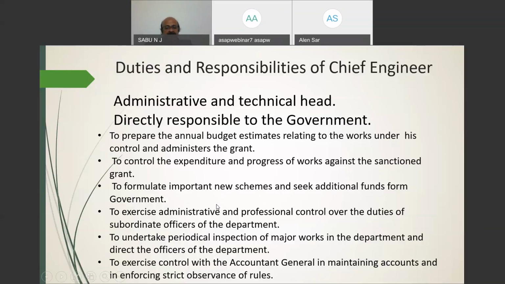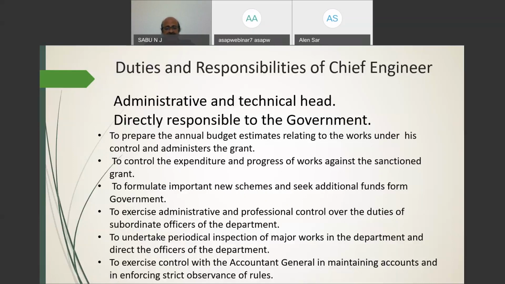As a part of the administration, the establishment of departments, the staff and their welfare, and other things are also to be done by him. Then, for technical control, he has to advise, inspect, and give proper instructions for carrying out the works for the successful completion of the project.